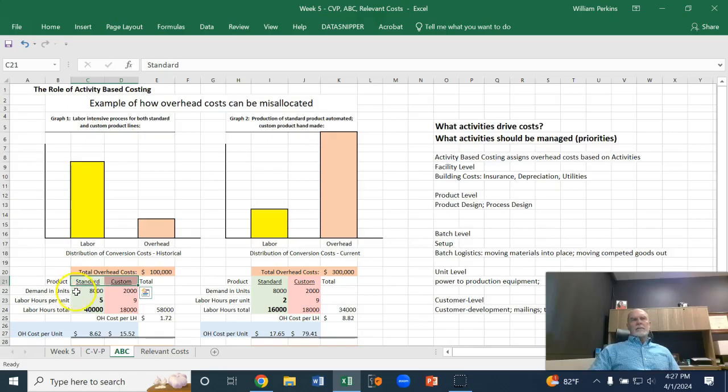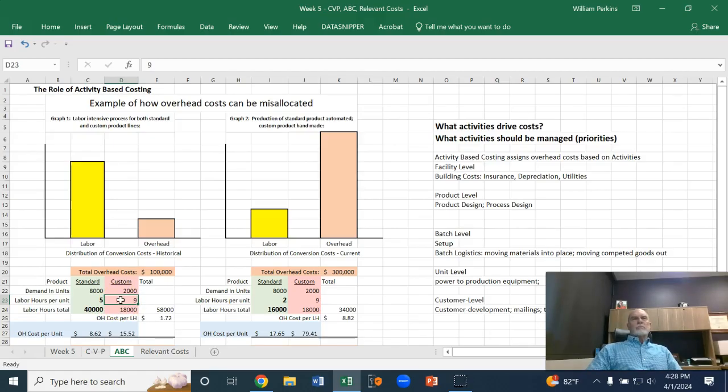The demand, we have 8,000 units of the standard product that we sell and 2,000 of the custom products. And the standard product takes us 5 hours to produce, and the custom product takes us 9 hours, a little more hands-on customization for that custom product.